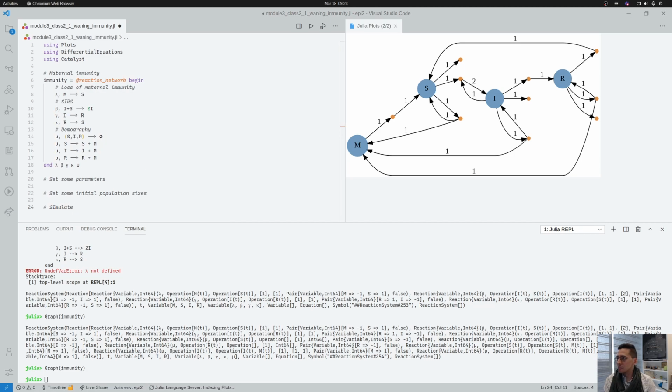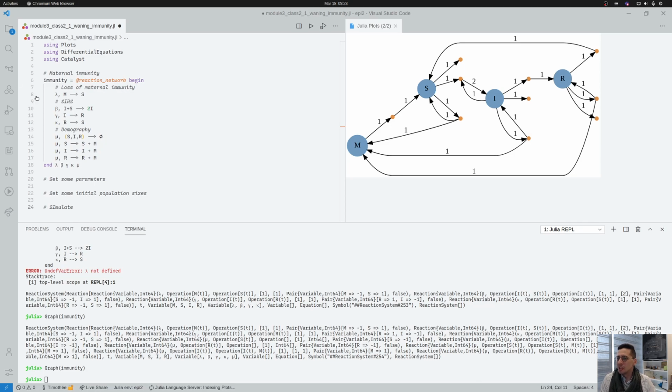I'm just going to do something rapidly, which is have a look at the syntax for that, because I haven't looked at Catalyst. So while I'm furiously Googling for the correct syntax to transform that into a network of differential equations, right here. It's cool.